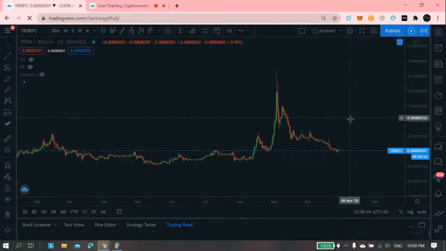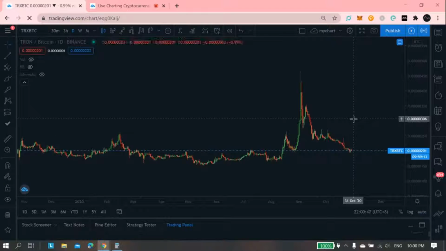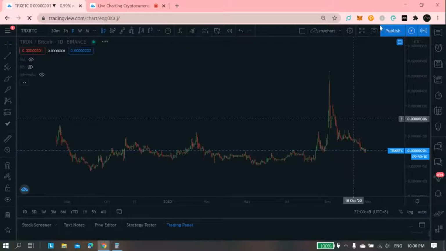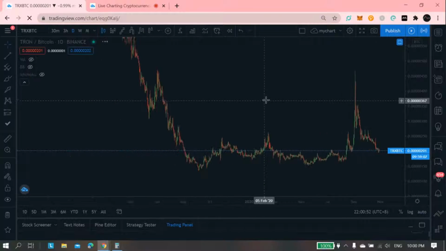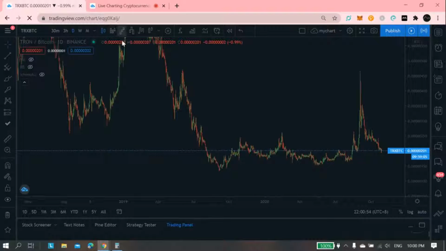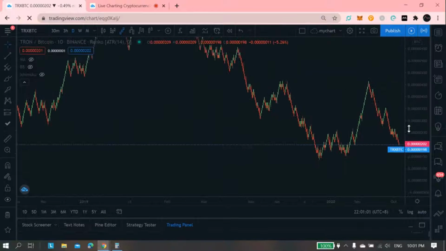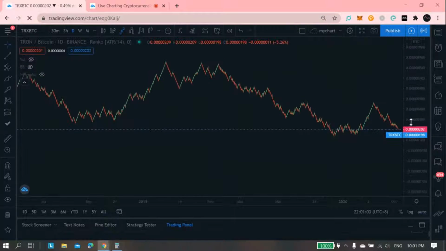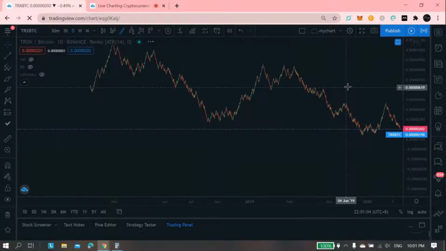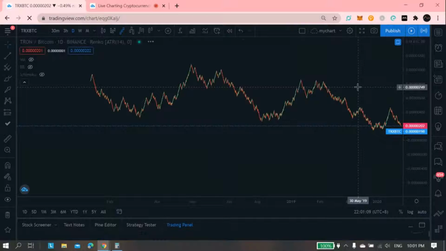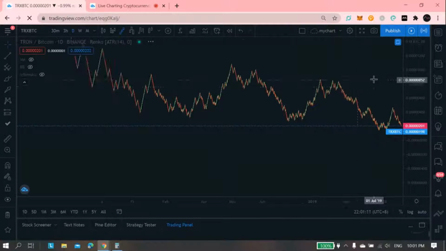Wait, let me check on this Renko chart. Actually, I don't have Tron and I'm not trading Tron.